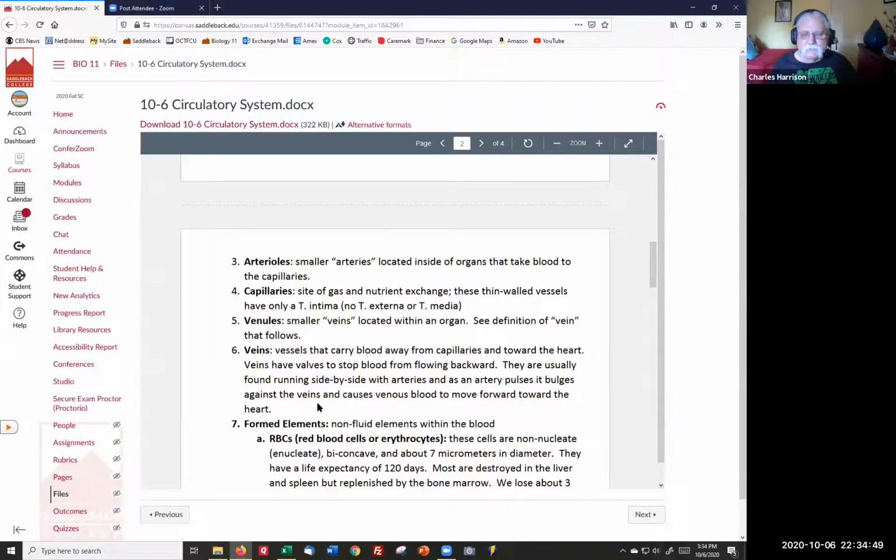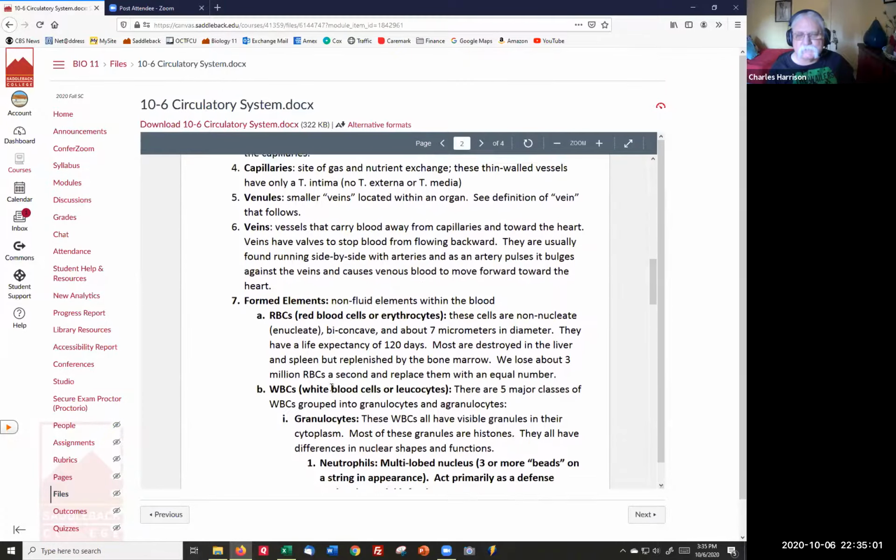So in the hepatic portal system and in the renal system, there's two places where blood has to go through two sets of capillaries before returning to the heart.